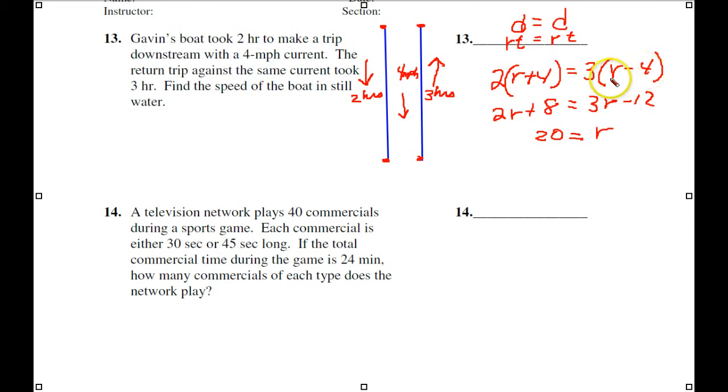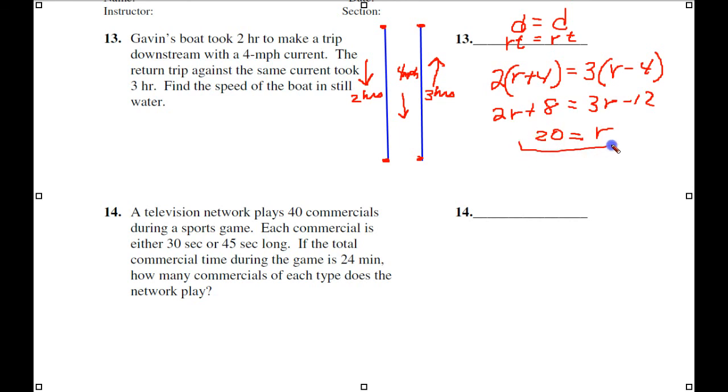Again, that's in parentheses, since we're subtracting. So we distribute to clear the parentheses. We bring the 2r over to this side as an r ending, and then add 12 to both sides. We get r is 20.